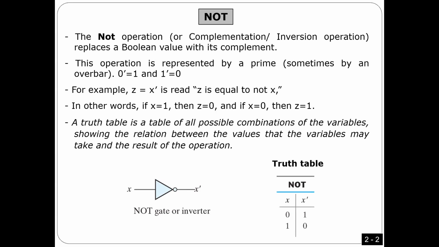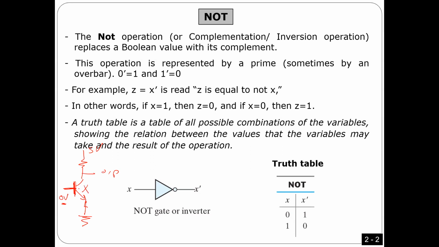For example, you can implement this one using a transistor this way. You have a transistor here. Here we have ground, and then here we have 5 volt, something like that. This is the input, and this is the output. What happens is that if the input is 0 volt, logic 0, the transistor is off.